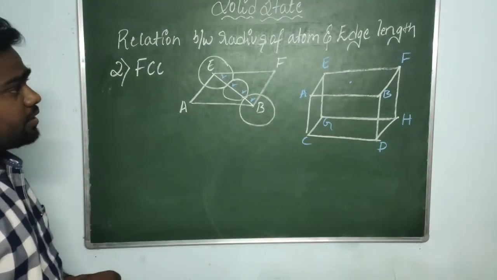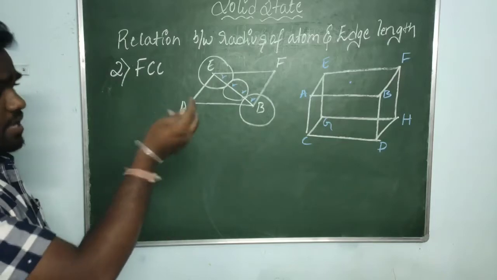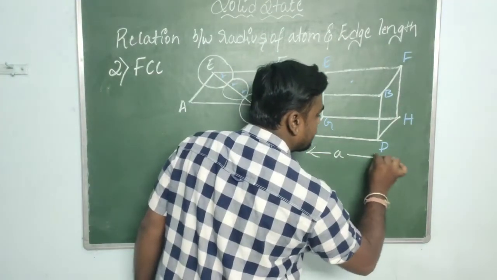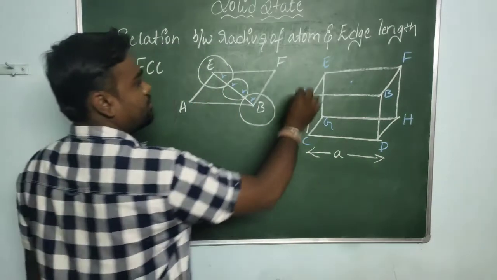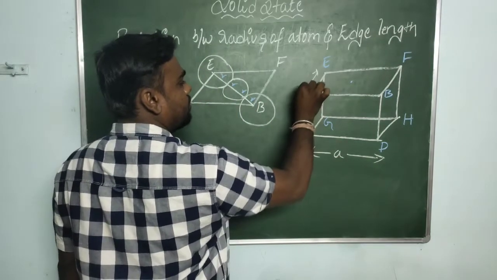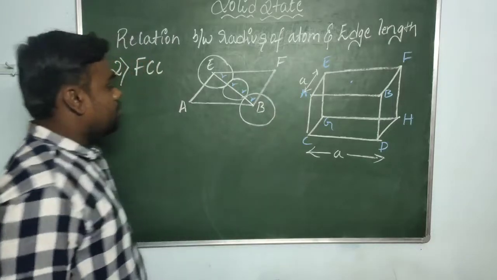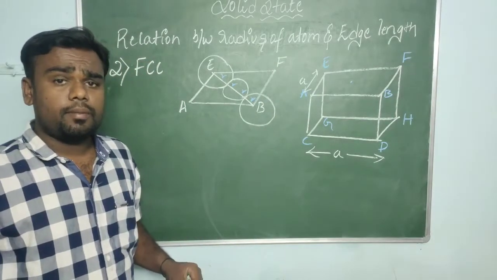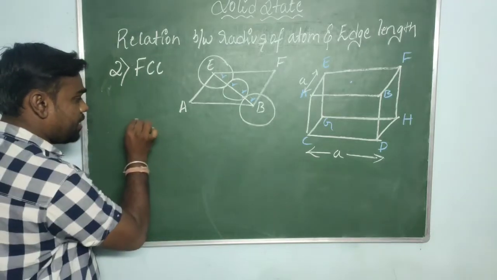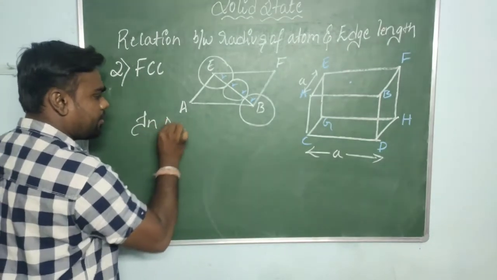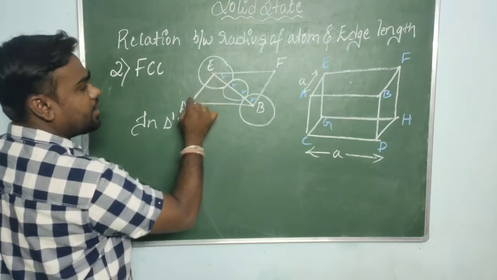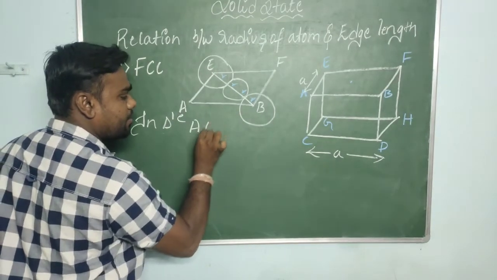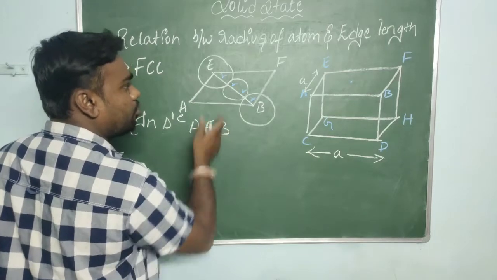We know that the edge length is A, and similarly this side is also A. According to the Pythagoras theorem, we apply it in triangle AEB. We want to find out EB.